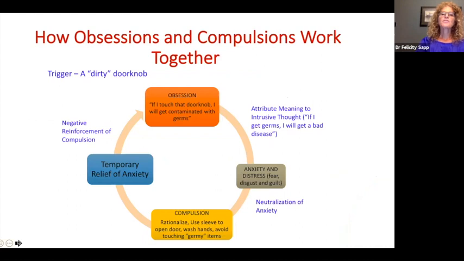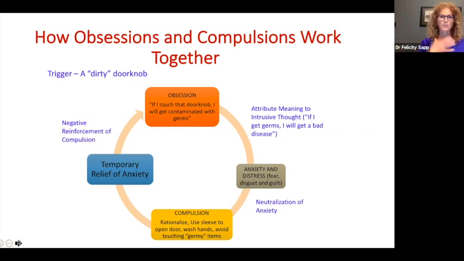I want them to understand how obsessions and compulsions work together. When I explain it, I often use the analogy of a net. For example, I might see a doorknob, and an intrusive thought might come into my head, because we all get intrusive thoughts, that says, oh, there might be some germs on that doorknob.